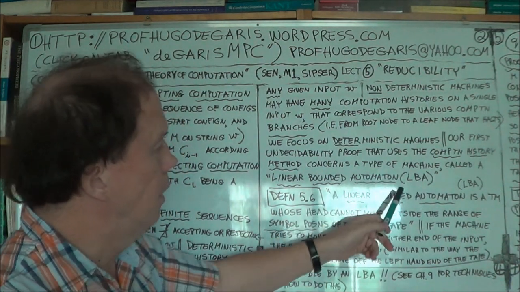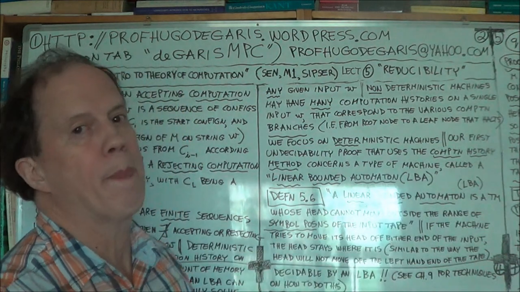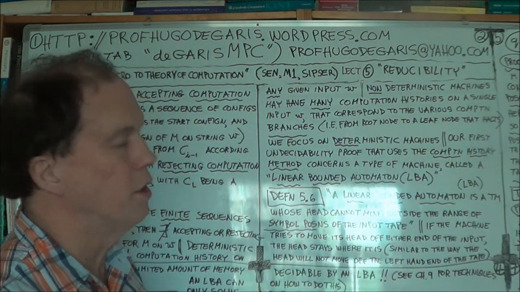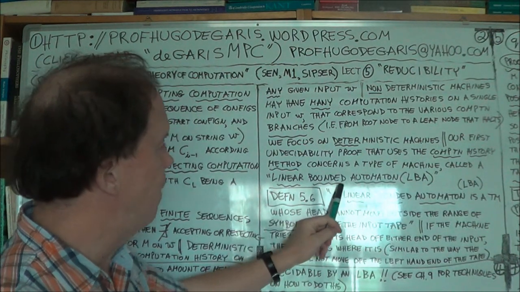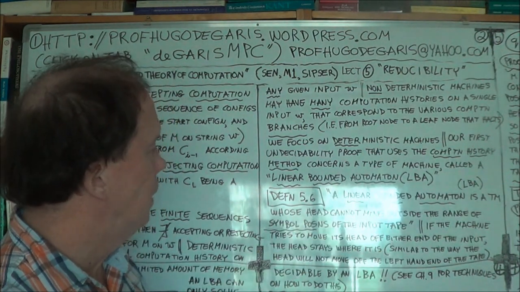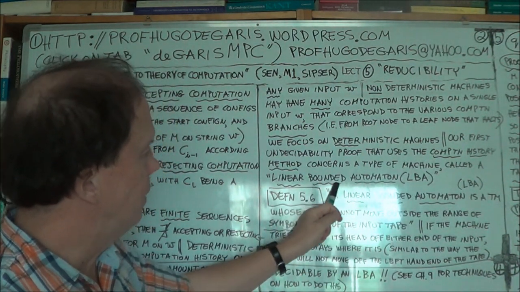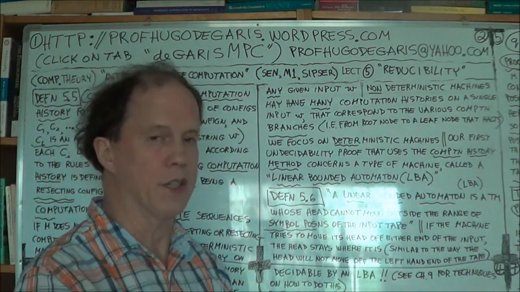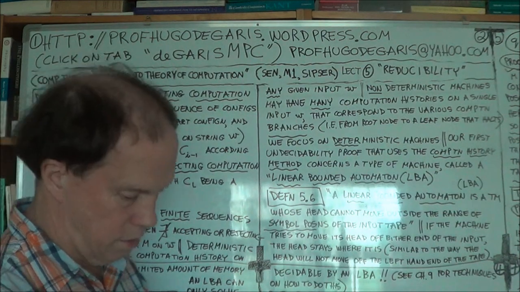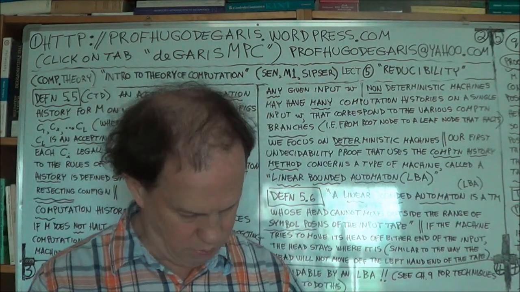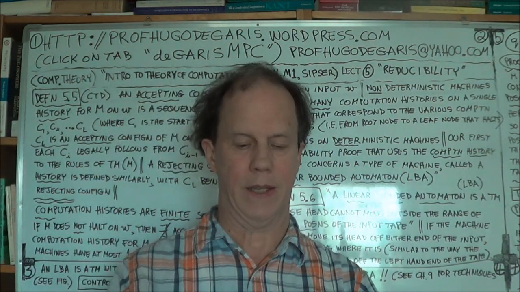It's an LBA, and you'll hear that abbreviation a lot. It's an abbreviation of linear bounded automaton. The word bounded is in the sense of constrained, and so I'll explain now what an LBA actually is.